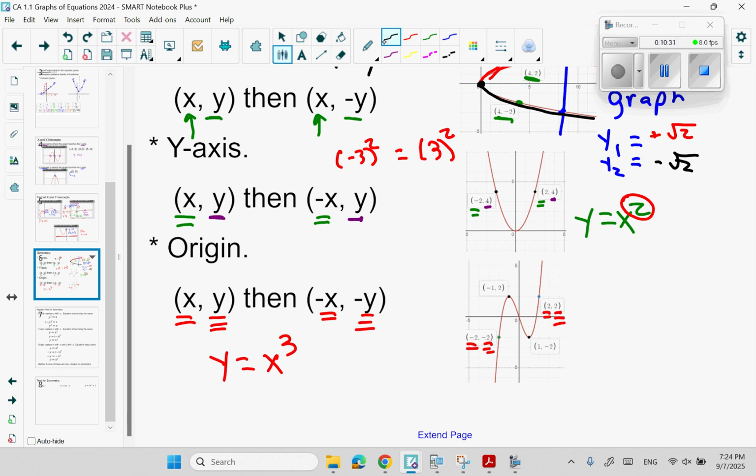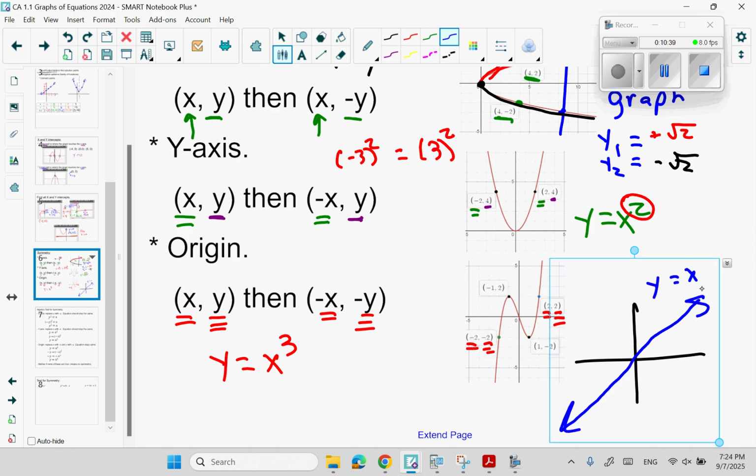Another very common one is y equals x. The reason that they don't get the weird one-sided negative is that I have no even exponents. I have odd exponents, even though these don't have exponents written, implied to be 1.